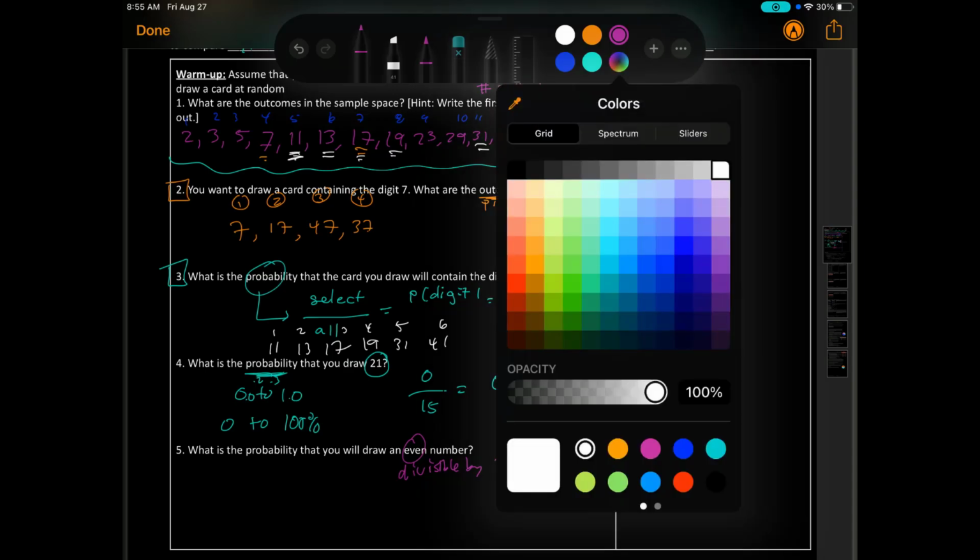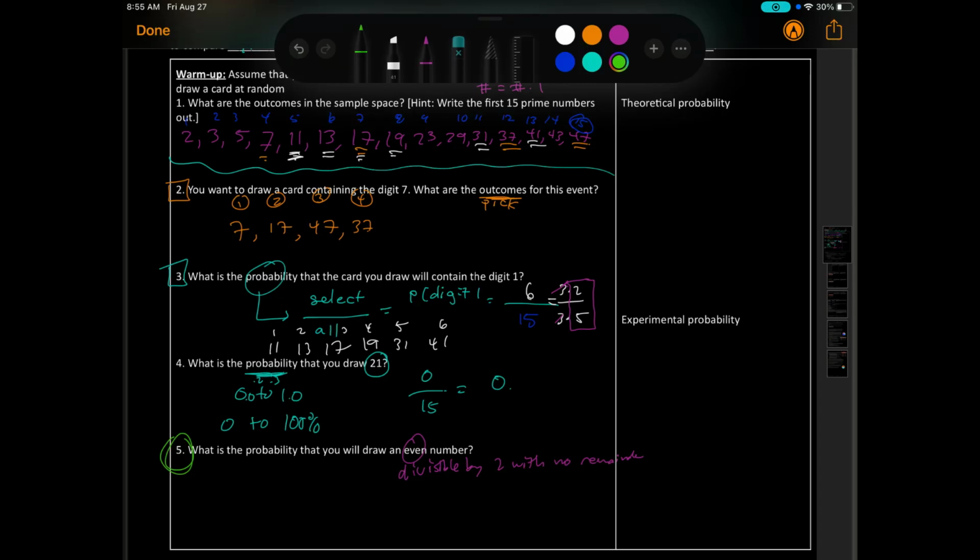Let's pick a different color. Odd, even. So that would be 1 out of 15 would be your answer for that last question on the warm-up.